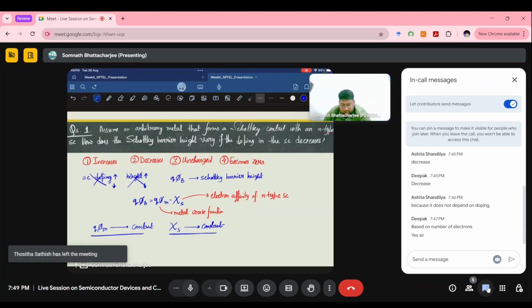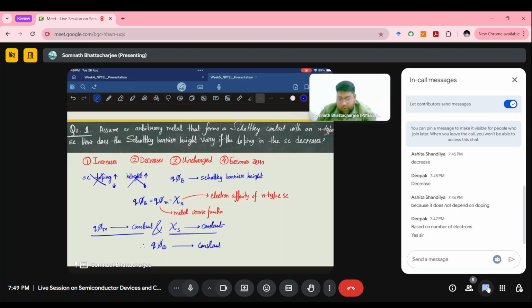So it doesn't depend on the doping, and we can say that Q psi b should also be a constant. So the answer would be: it remains unchanged. If we are increasing or decreasing the doping concentration, the Schottky barrier height would always remain the same.